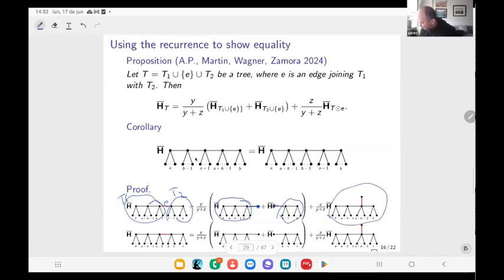I contract and then I add one leaf. Where I contracted, where I have B minus 1 leaves and A minus 1 leaves, I will have A plus B minus 2. But since I added this leaf, this has A plus B minus 1 leaves. Here I have A minus 1 leaves, but with this leaf I have A leaves. And the same here, I have B minus 1 leaves, so I have B leaves.